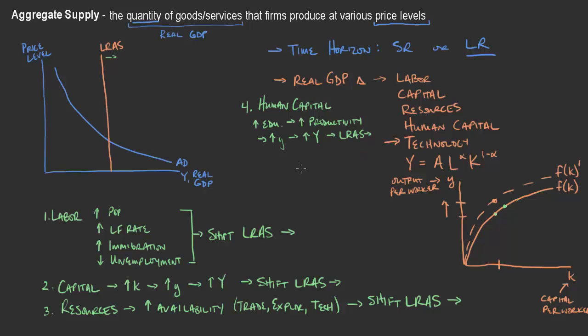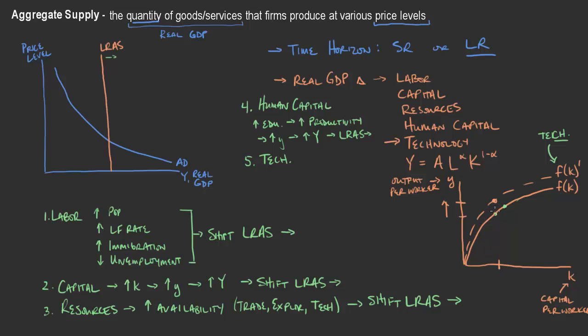And we can think through the last one here as well. What do we have with technology? With technology, what we're really thinking about is shifts in the production function. I'll just write technology here. We've already discussed this. This is the technology that basically shifts the capital per worker, that we would have some level of capital per worker, and that is going to make it much more productive.